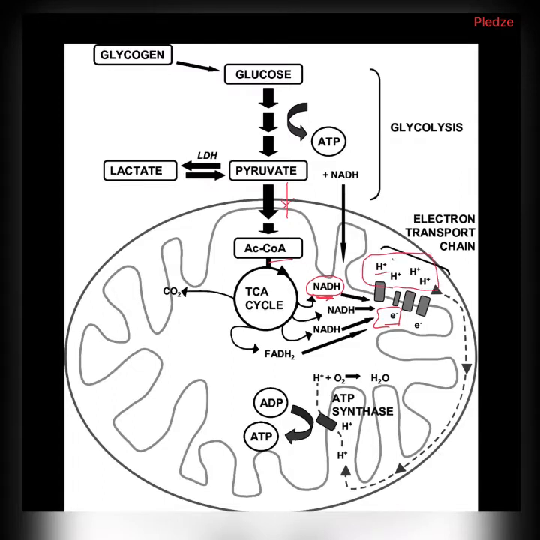These protons are the hydrogen plus. To produce a proton gradient, these electrons are needed.